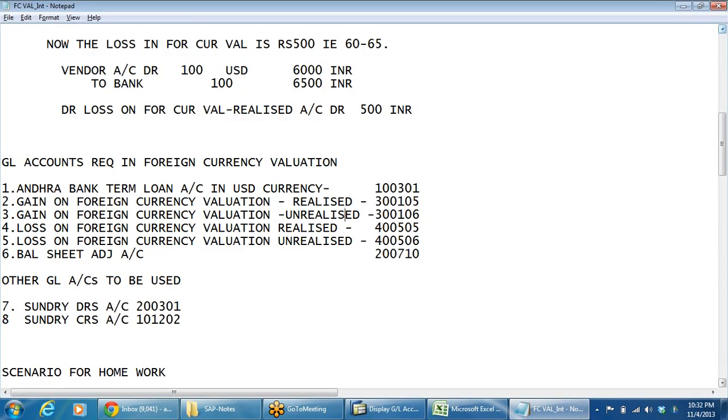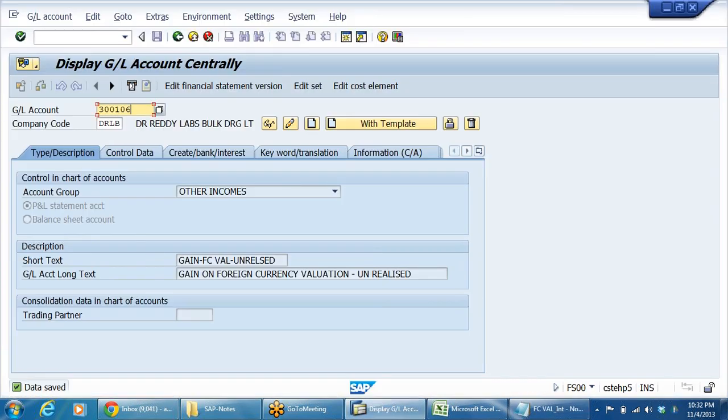Next, loss on foreign currency valuation realized. 400, 505. So 505 is nothing but interest and bank charges, financial charges, I think, yeah.